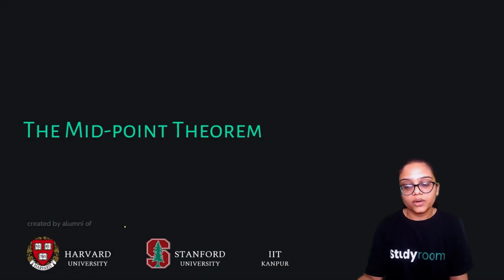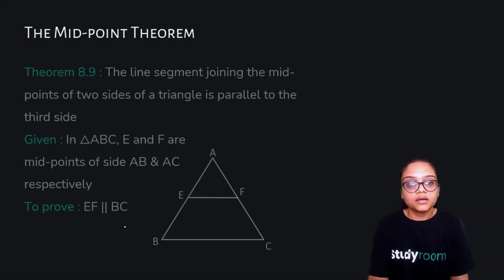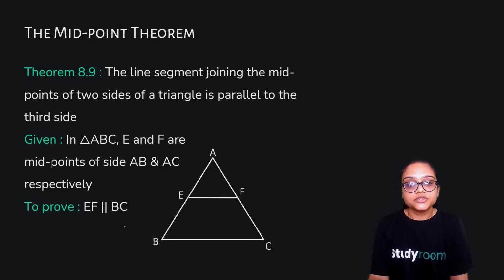Correct? Now, we will start with the midpoint theorem. What is the midpoint theorem? It states that the line segment joining the midpoints of two sides of a triangle is parallel to the third side. Means that EF is parallel to BC. Okay? Now, how do we prove that?